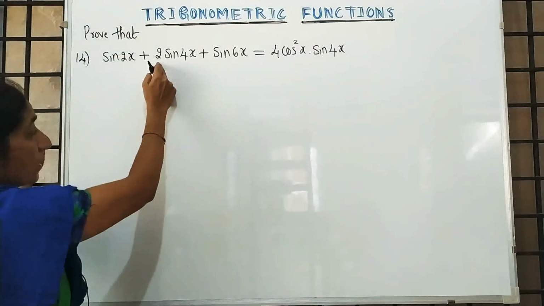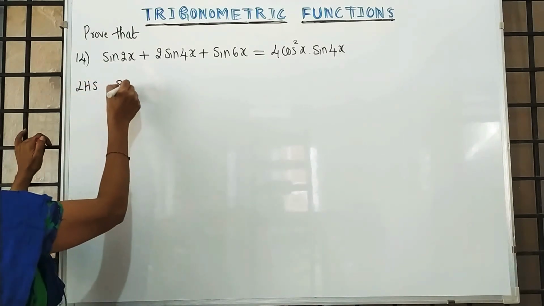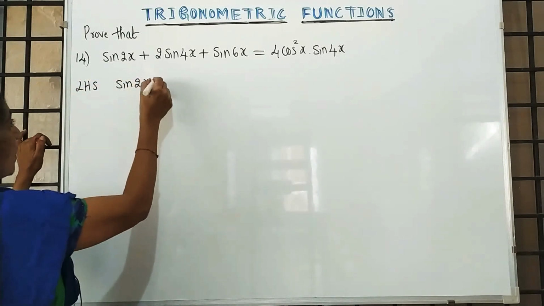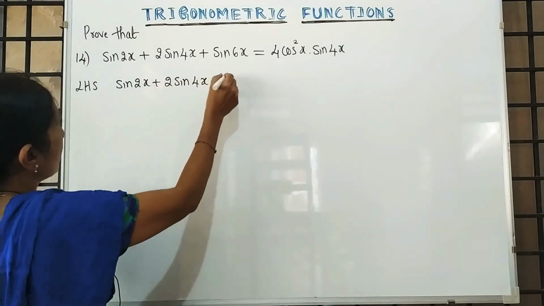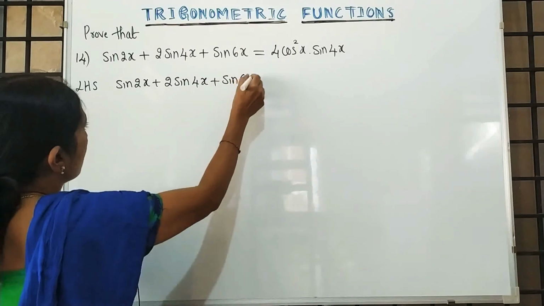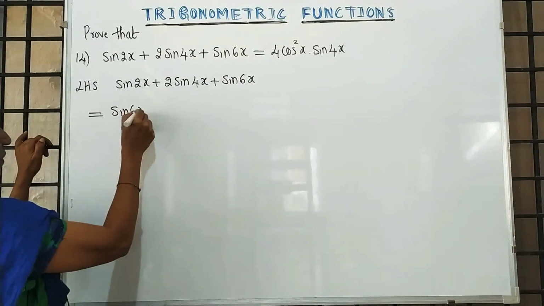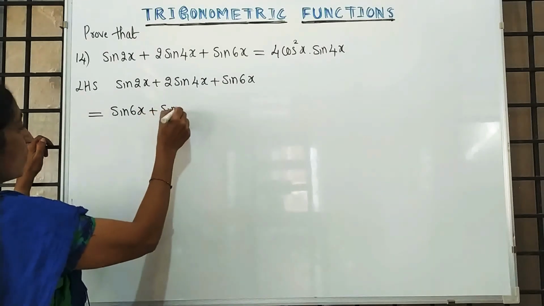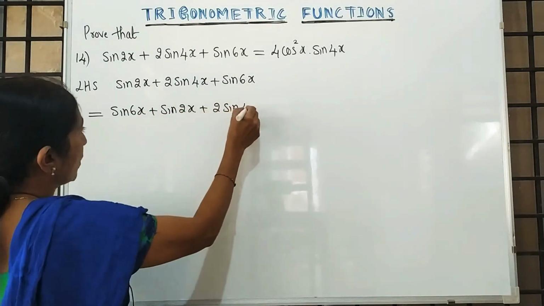Why? Because its coefficient here is 2. First write the LHS. Sin 2x plus 2 sin 4x plus sin 6x. Rearrange this. This is sin 6x plus sin 2x plus 2 sin 4x.